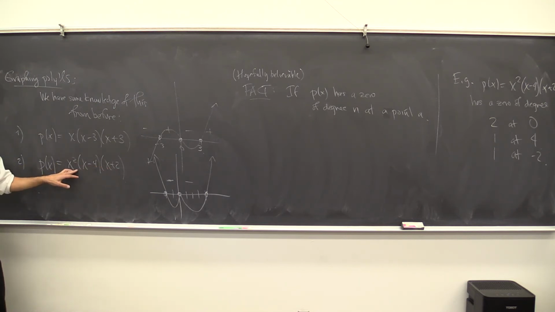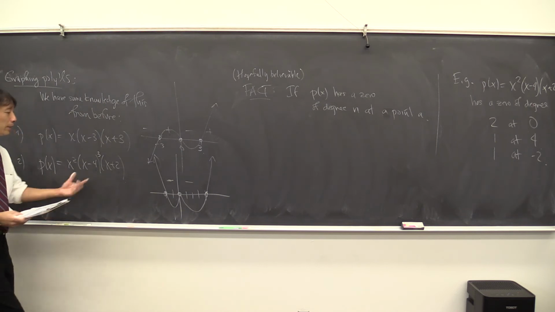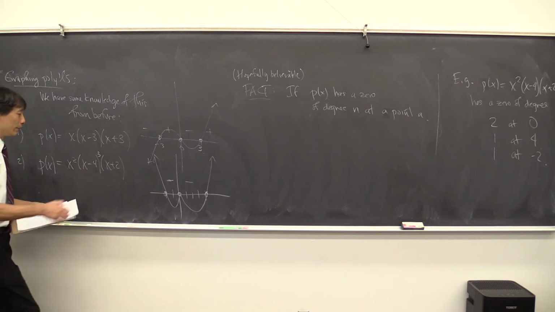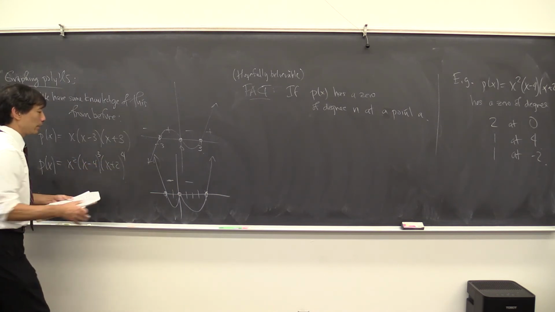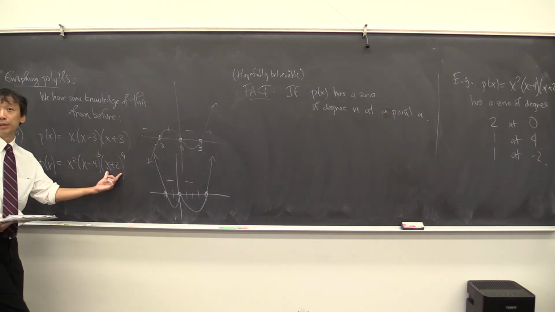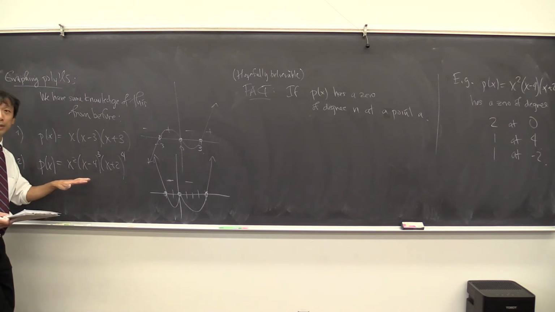This gives us a degree 2 0. If it were like this, then at 4 we would have a degree 3 0. If it were like this, then at -2 we would have a degree 4 0. You guys get that?